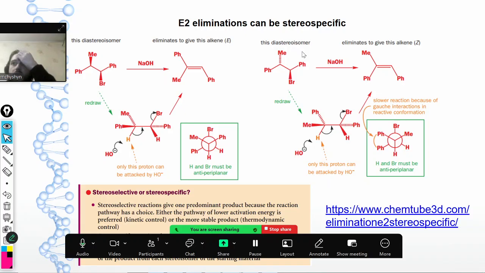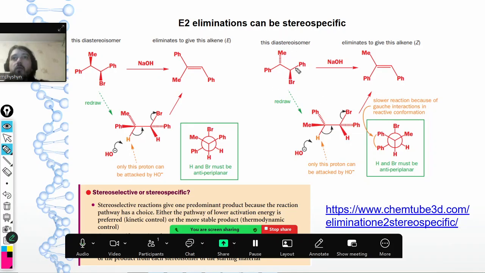Here is another case. Once again, hydrogen and bromine should be anti-periplanar. So that's the only hydrogen that can be attacked, and you see that this reaction leads to the alkene Z. So that's the case.